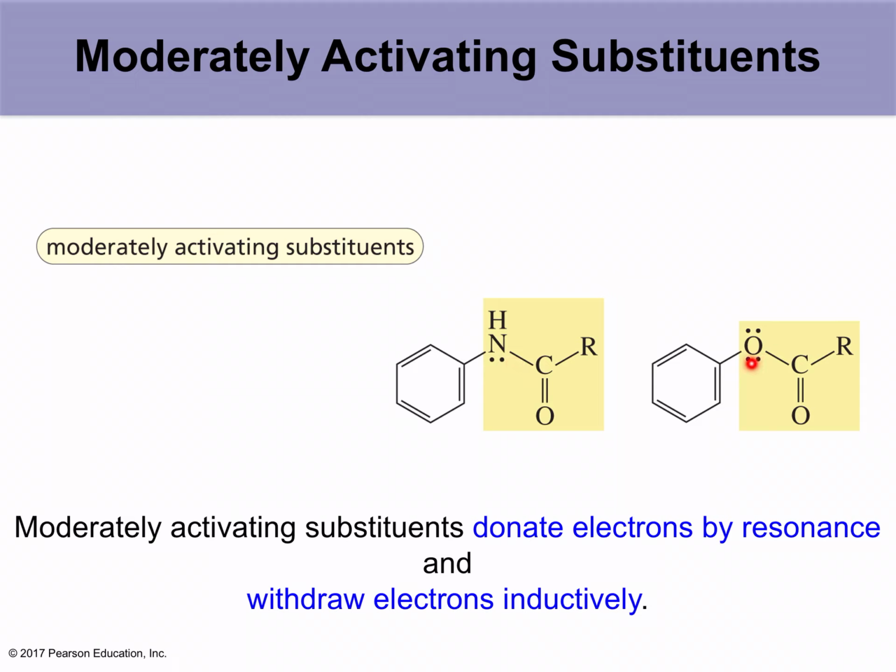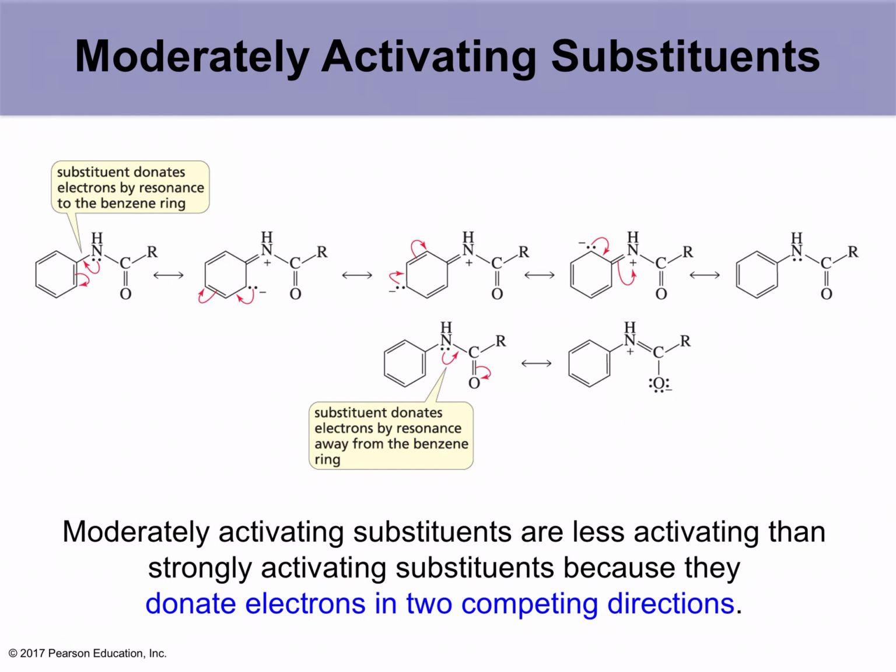Because of that, it decreases the availability of the lone pair solely for the benzene ring, because sometimes it resonates with the benzene and sometimes it resonates with the carbonyl group. So that's why they are moderately activating substituents. This is what I just told you.